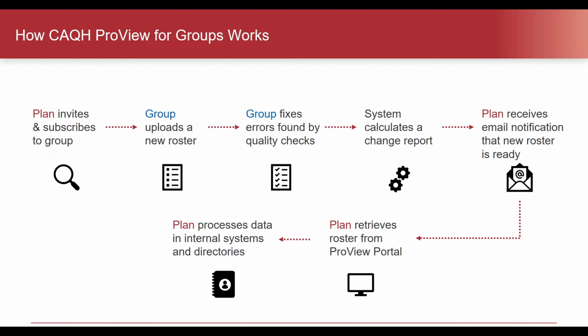The plan will receive email notification that the roster is ready and can then download either a full data set, what we call an extract, or the change report that's been auto-calculated. Once they do that, they can process the updates into their internal systems and directories and move forward until the group submits the next roster.